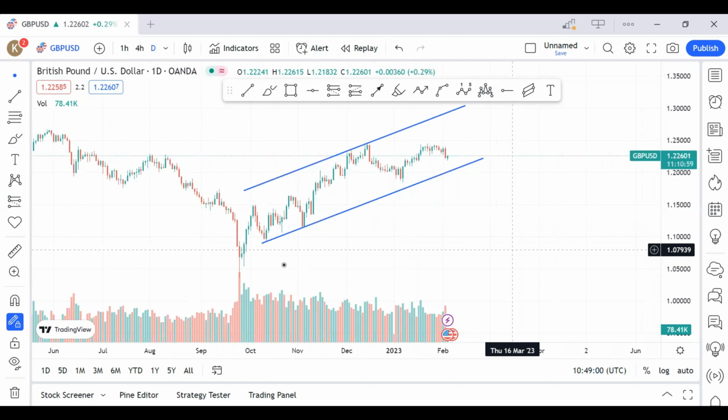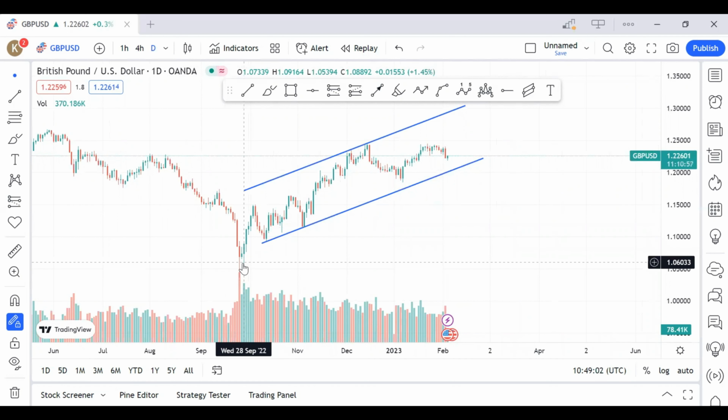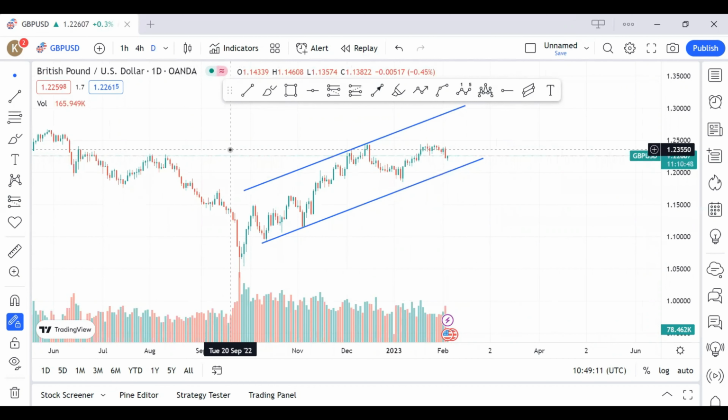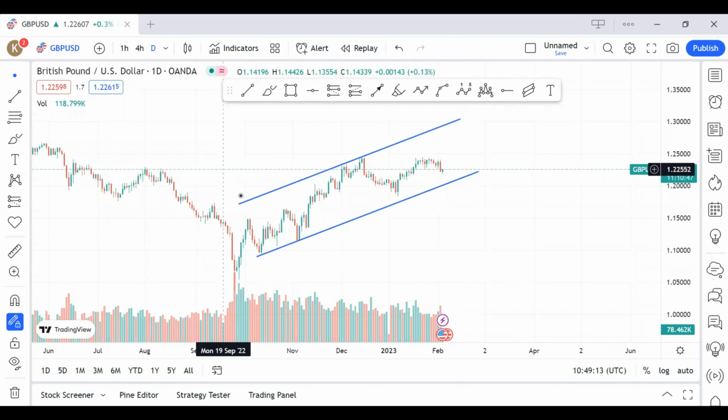So as you can see at this level here, the market changed its structure and decided to now move in a bullish momentum. That's where we can see that the market is actually going to buy. So I'll complete what I was trying to show you here.